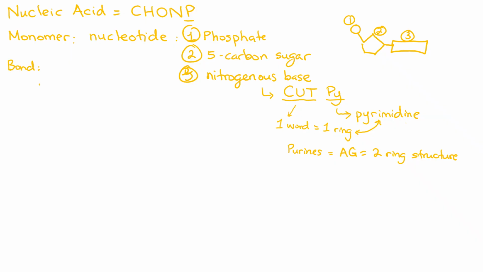Now, we have the bond that links all of these guys together, right? This bond has a complicated name. It is the phosphodiester linkage or bond. This right here, this covalent bond is only between the sugar phosphate backbone of DNA or RNA.